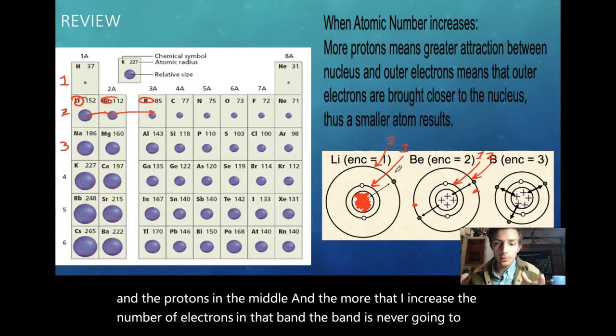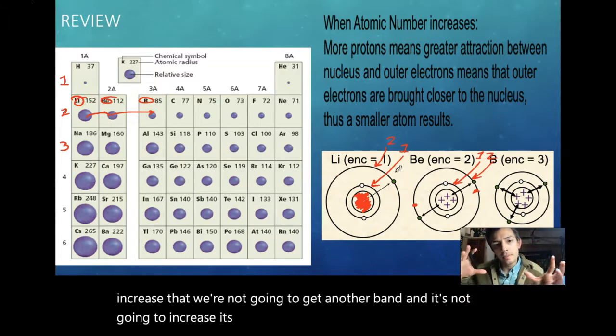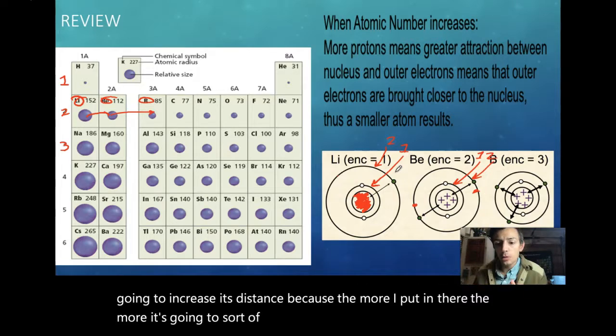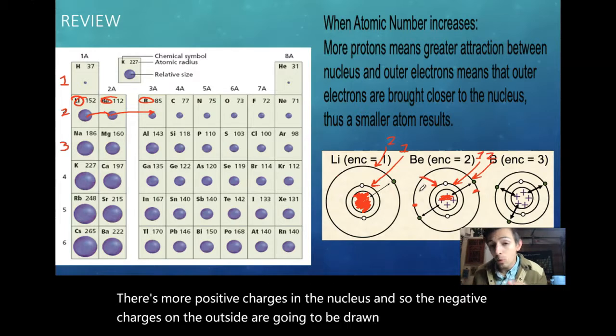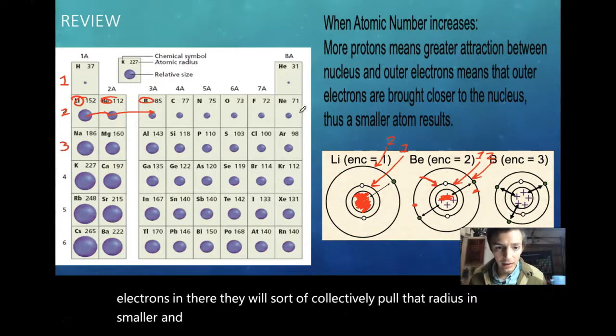I'm not going to get another band, and it's not going to increase its distance, because the more I put in there, the more it's going to contract its size. There are more positive charges in the nucleus, so the negative charges on the outside are drawn in as I put more electrons in there. They collectively pull that radius in smaller and smaller, so that at the end I get a really, really tiny atom.